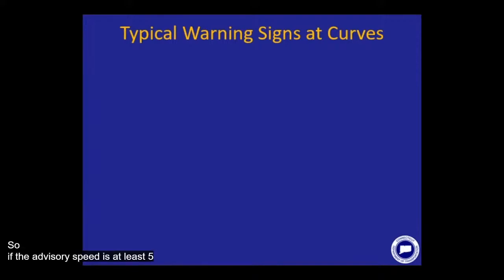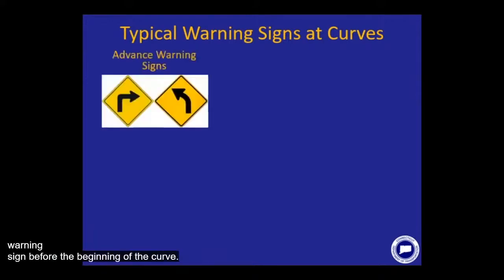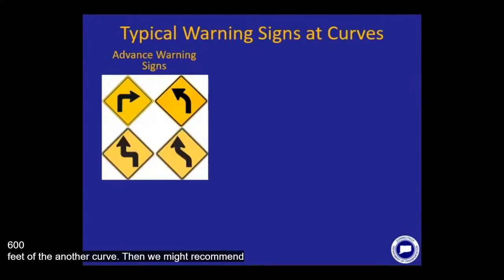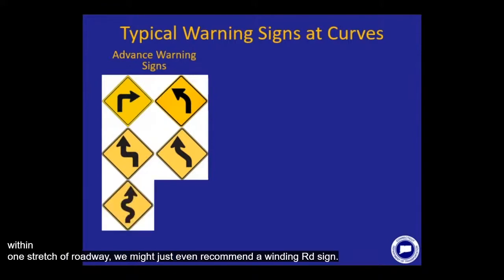So if the advisory speed is at least 5 miles an hour below the posted speed limit, then we will typically just recommend an advanced curve warning sign before the beginning of the curve. If there's more than one curve location within 600 feet of another curve, then we might recommend a reverse turn or a reverse curve sign, or if there's a bunch of curves within one stretch of roadway, we might even recommend a winding road sign.